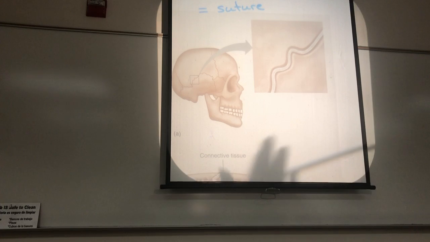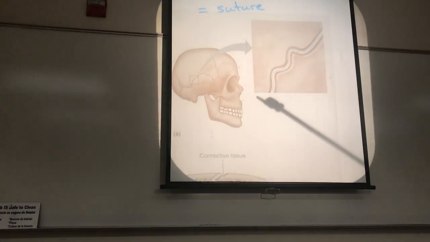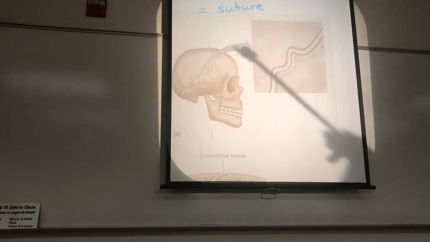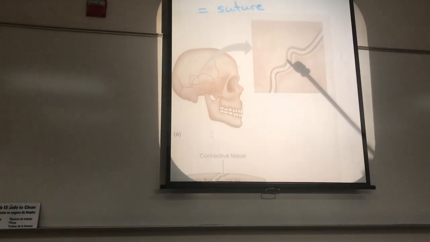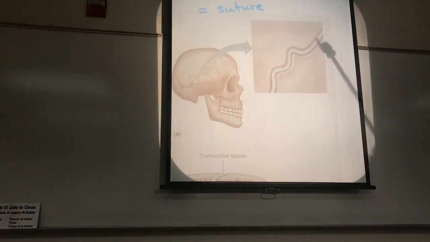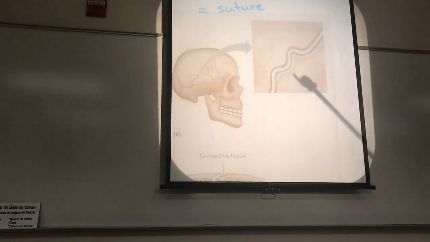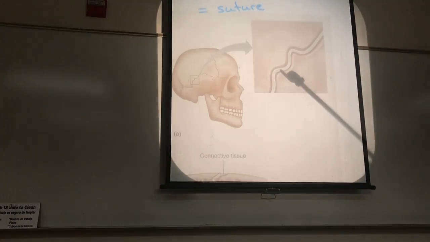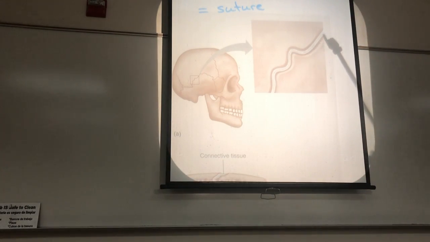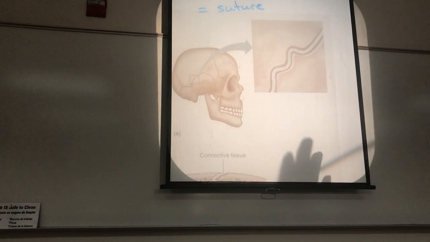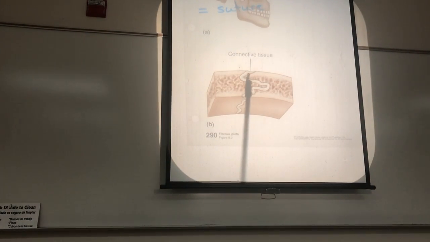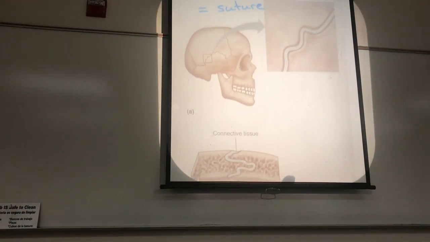But if we had a fresh skull, and we could look inside that suture, what we would see is that the bones, the parietal bone and the temporal bone, are being held together by a dense fibrous connective tissue. So between the bones, we have this connective tissue, high in fibers, very collagenous, that is holding these guys pretty firmly in place. That's a suture.